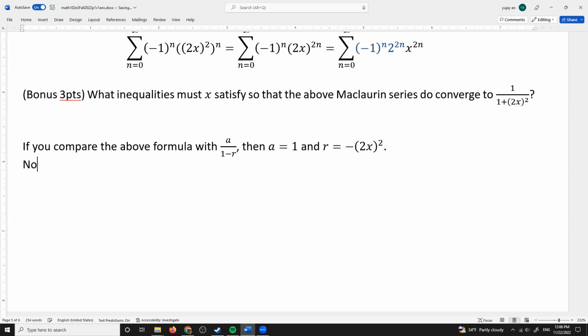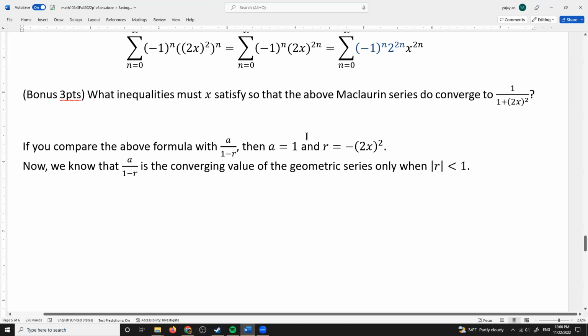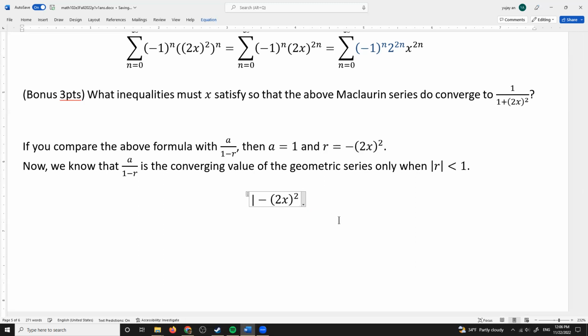Okay. Now we know that a over 1 minus r is the converging value of the geometric series only when the absolute value of r is less than 1. Okay, so that's something that we talked about before, right? So what that means is that the absolute value of this has to be less than 1.